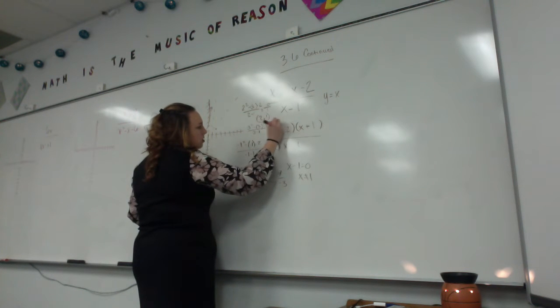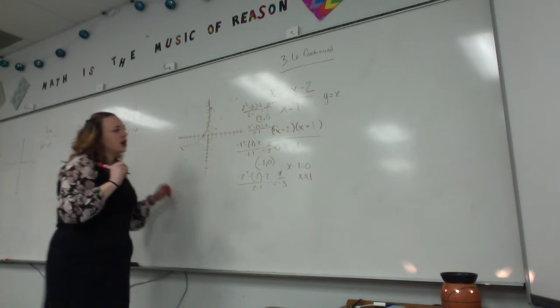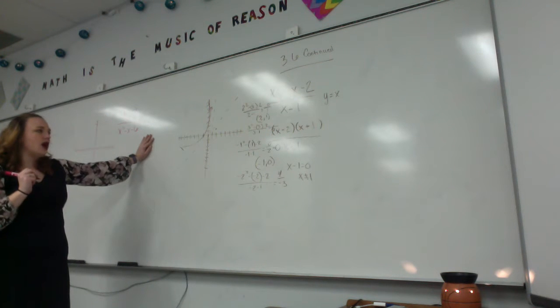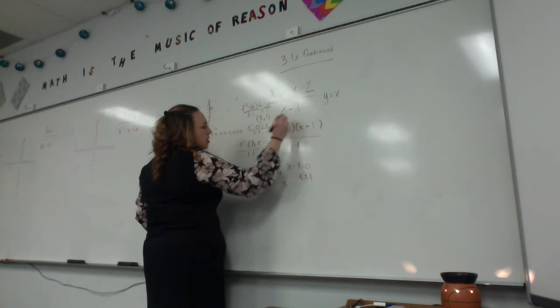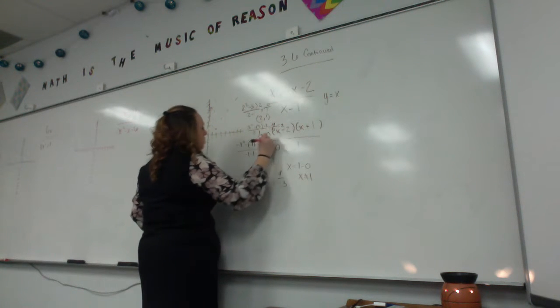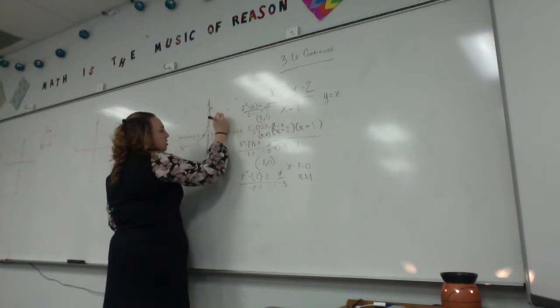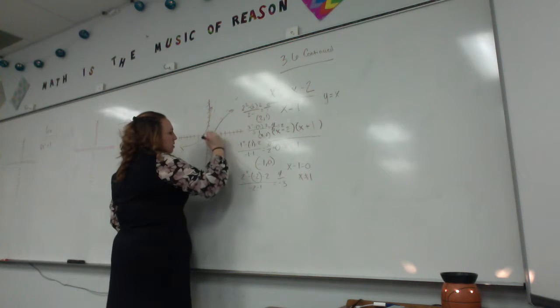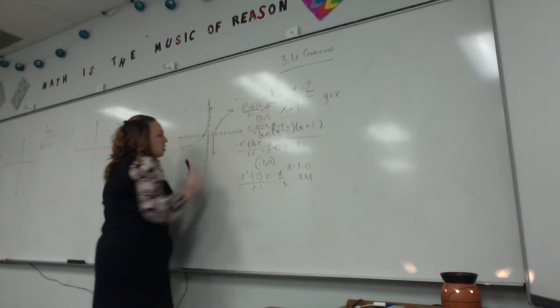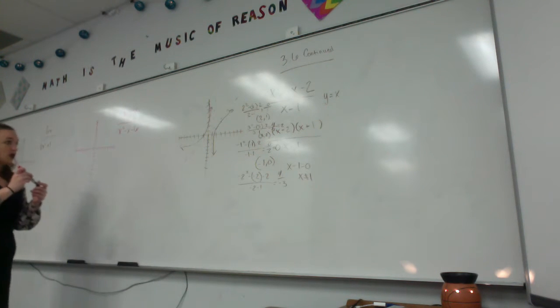On the bottom I get 2. Up top I have 9 minus 5. So I get 4, which gives me 2. So I have 3, 2 as a solution. So this one's going to curve like this. And I have graphed my points.